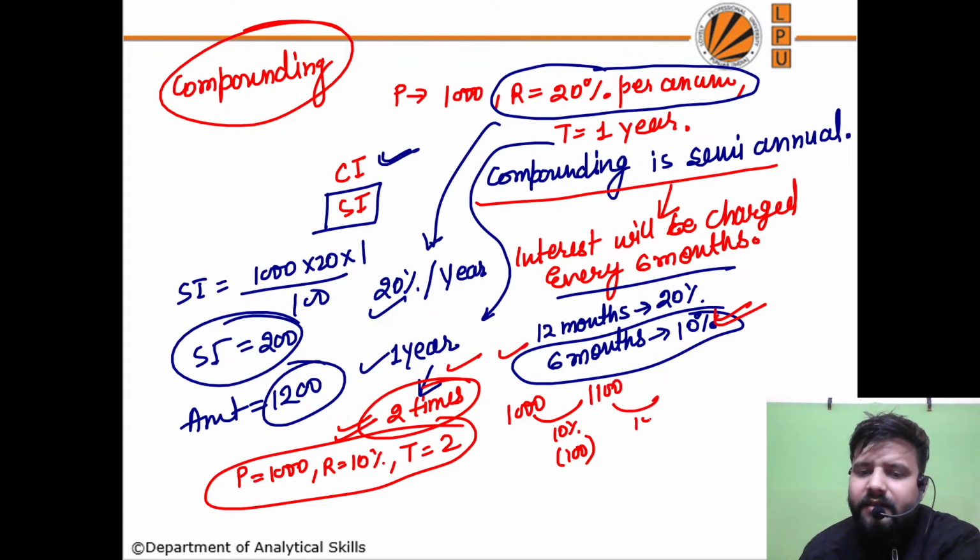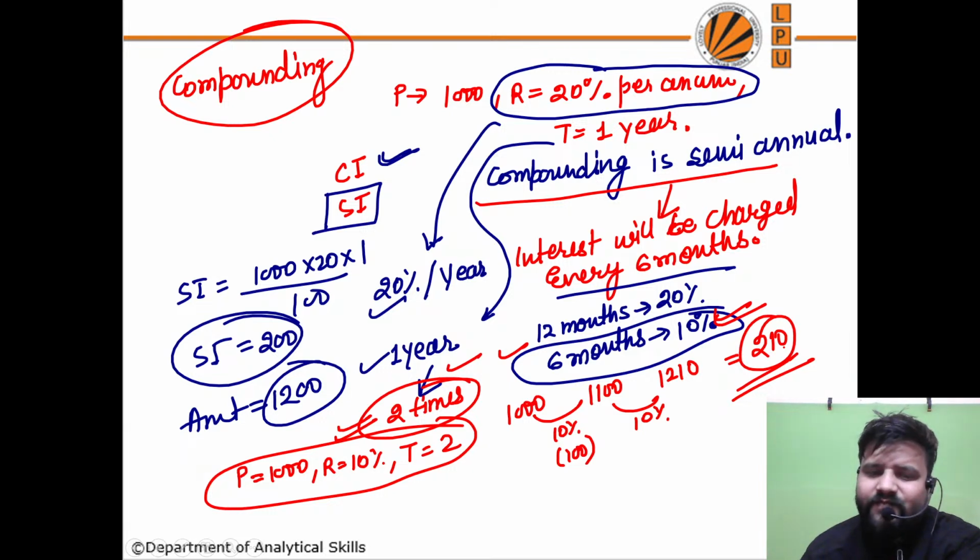Then again 10% will be charged, so it will become 1210. So finally the interest you are getting is 210 rupees. Now tell me, you got the compounding concept or not?